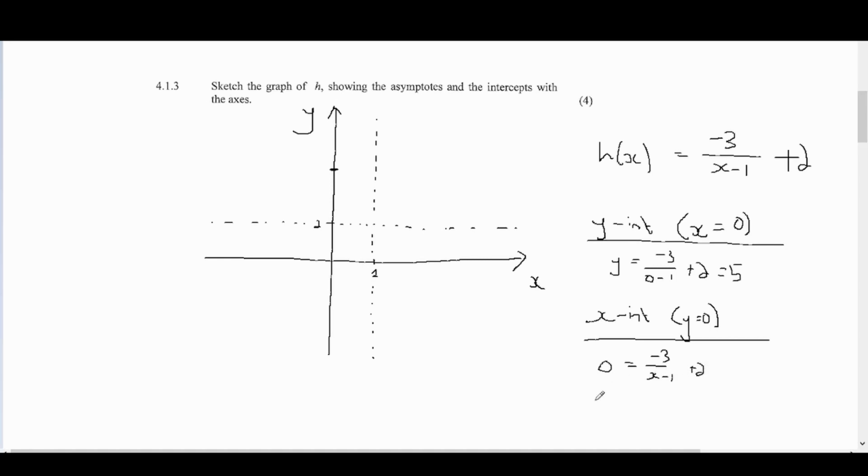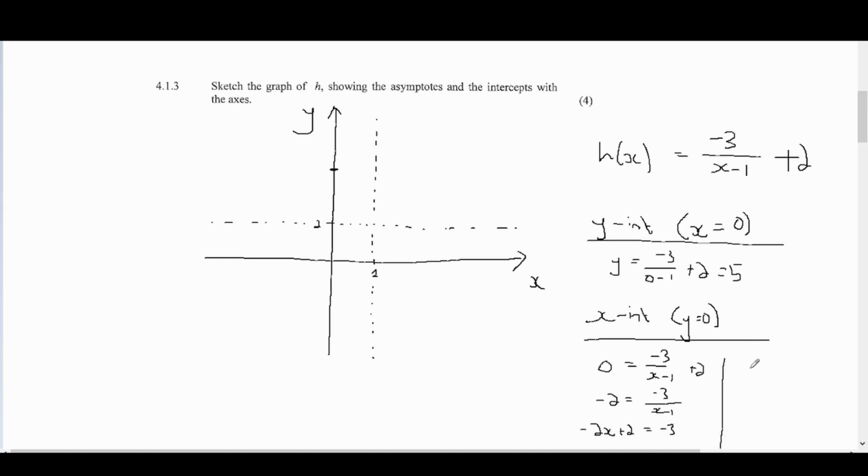Take the 2 over. So we have minus 2 equals minus 3 over x minus 1. We then multiply them together, so it becomes minus 2x plus 2, because remember this multiplies by each term, equals minus 3.